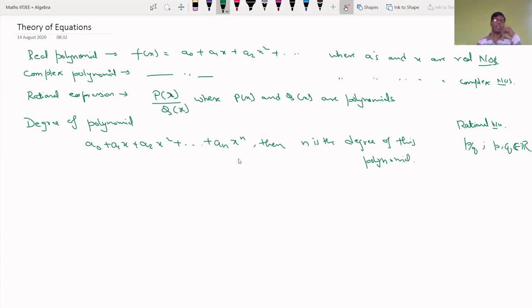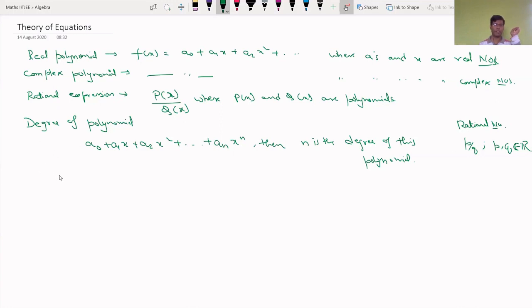Basically, the highest power of x in a particular polynomial expression is called the degree of the polynomial. Here the a's and x can be either real or complex; there is no issue with that. What we are concerned with is just the highest power of x. Whatever is the highest power of x becomes my degree of polynomial.